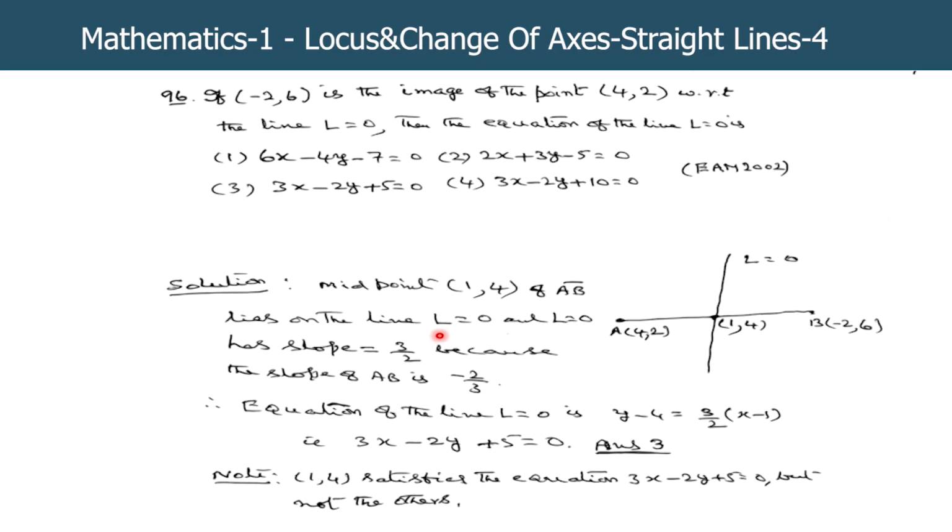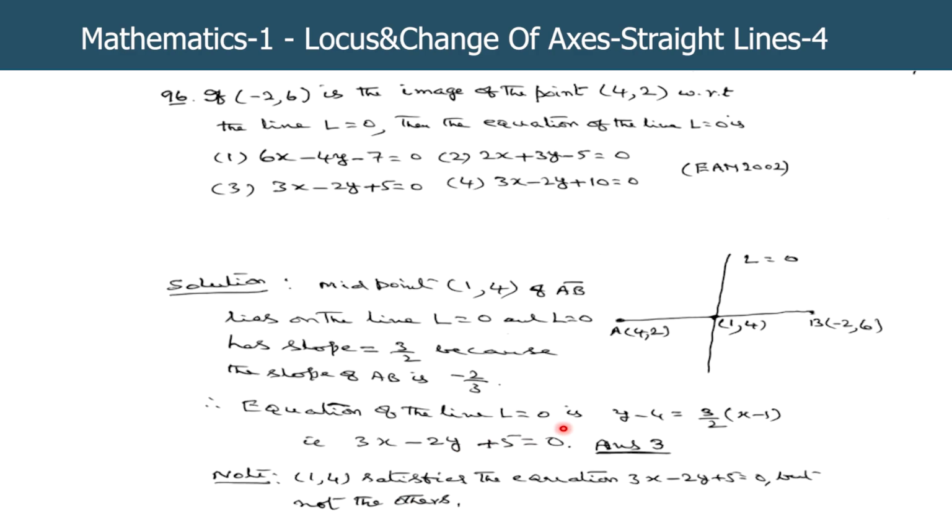This lies on the line L equal to 0, and L equal to 0 has slope 3 by 2, because the slope of AB is minus 2 by 3. Because the slope of AB is minus 2 by 3, the slope of L, because it is a perpendicular line, is minus 1 by minus 2 by 3, so that is 3 by 2. The equation of line L is y minus 4, because it passes through the midpoint 1 comma 4, is equal to 3 by 2 into x minus 1.